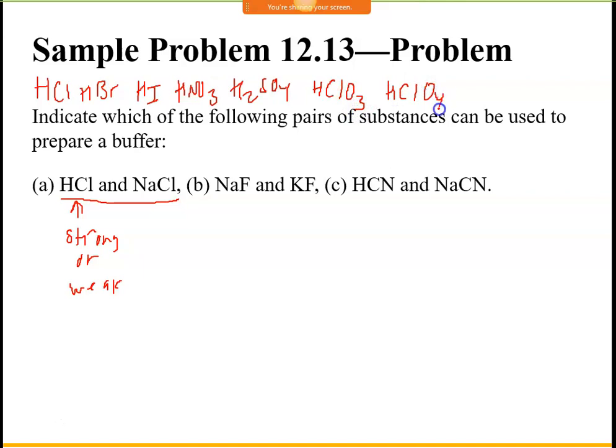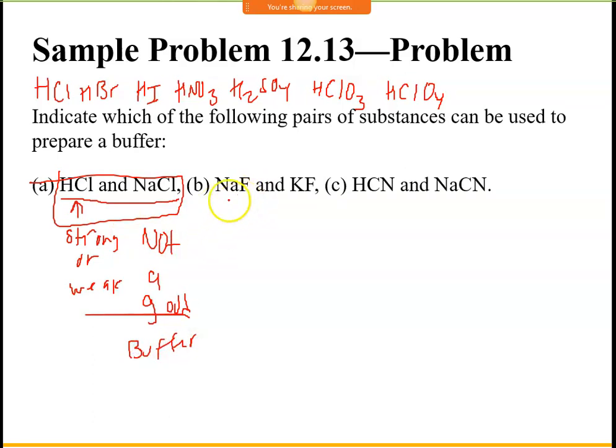That's why I was like, well, I'm right half of the time. So these are the strong acids. So these will not make a buffer. Anything other than that will make a buffer. Okay? So the mixture of HCl and sodium chloride is not a good buffer. In fact, it won't even make a buffer.